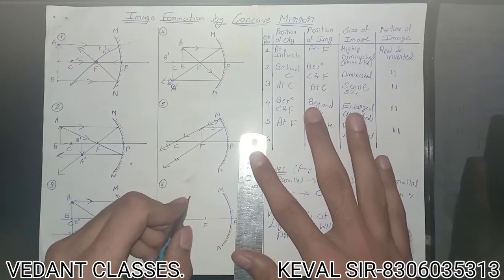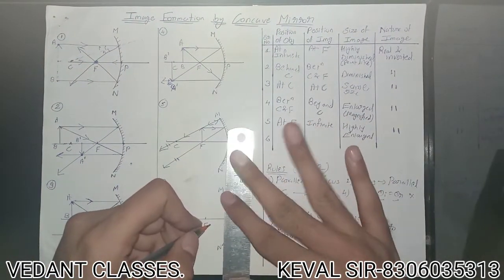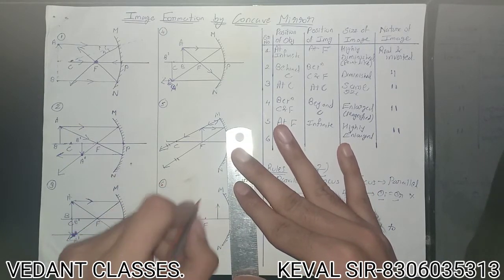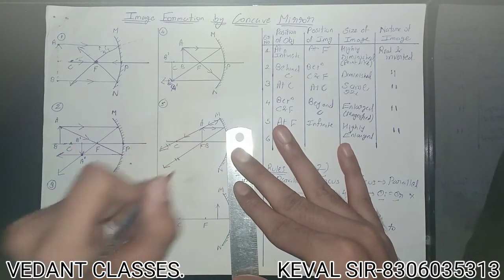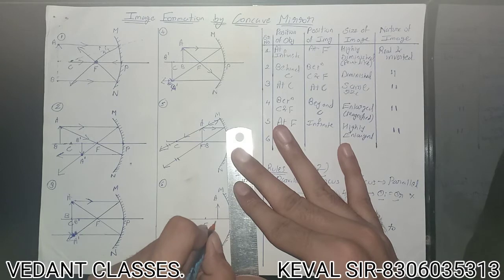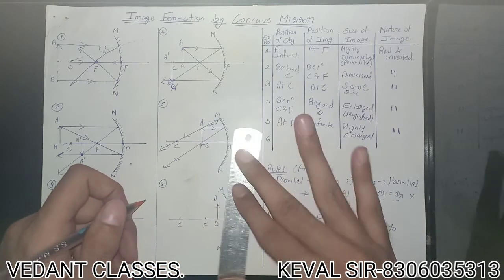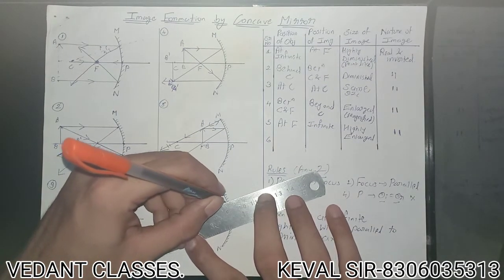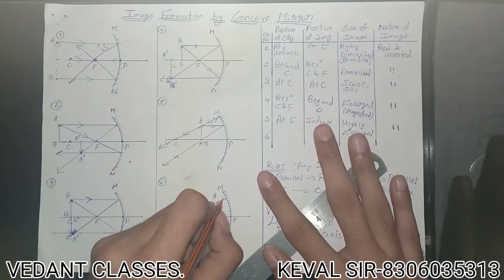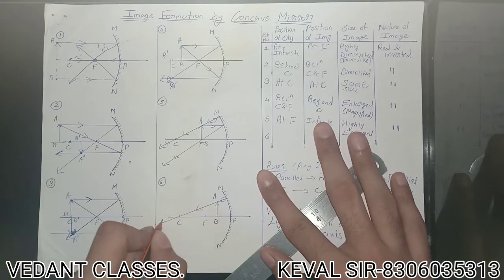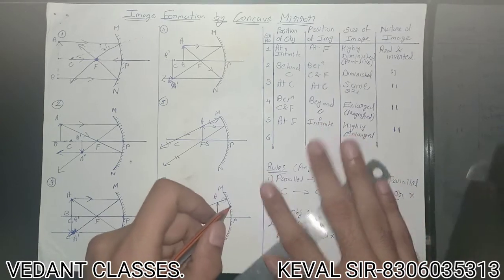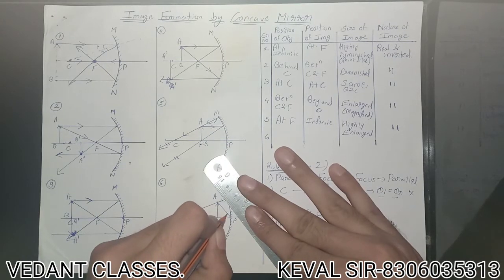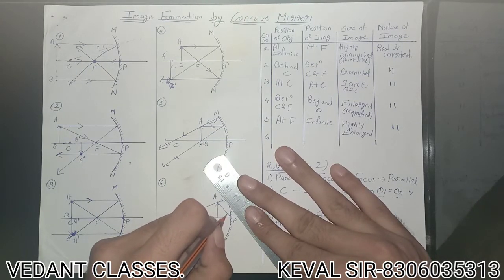So in the last case, you can place an object between F and P. Okay. So in the last case, place an object between F and P. Let's say the object is A and B. If you consider the light ray that is passing through C in this case, just like the previous one, the incident light ray will reflect back on the same path again, and you need to consider another ray, let's say it is incident at point P like this, making a certain angle, let's say I. Okay.